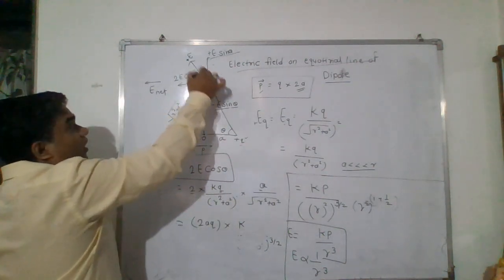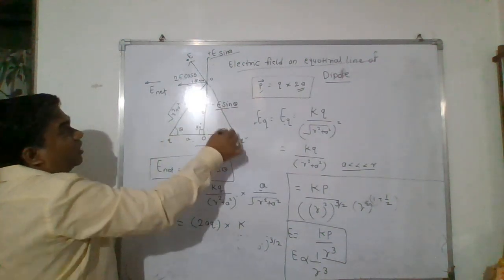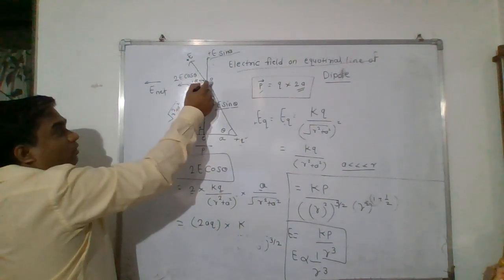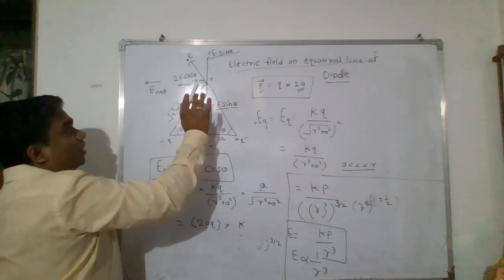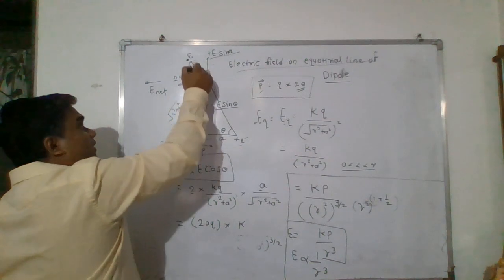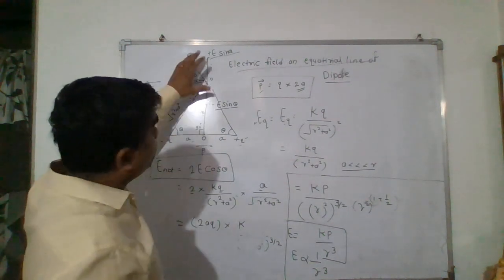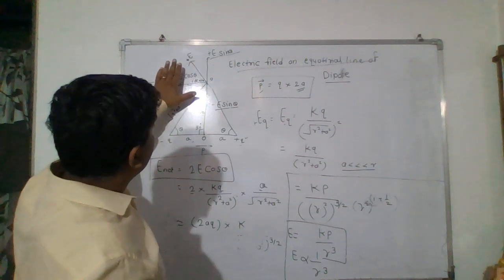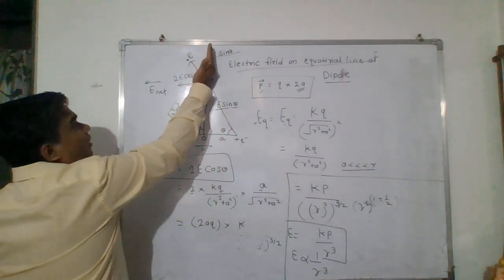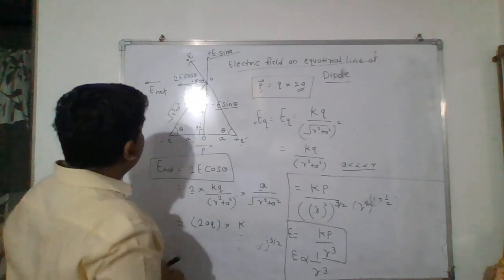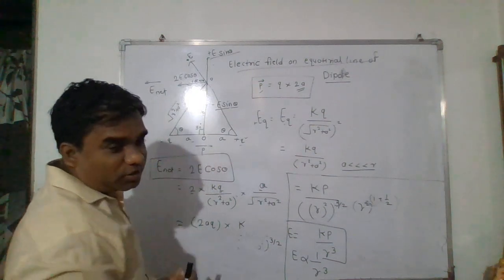This line also makes angle theta. If you draw a horizontal, this angle is also theta. Now this plus E making an angle theta with the horizontal, we have to write its two components: plus E sine theta in the vertical direction and plus E cos theta in the horizontal direction.